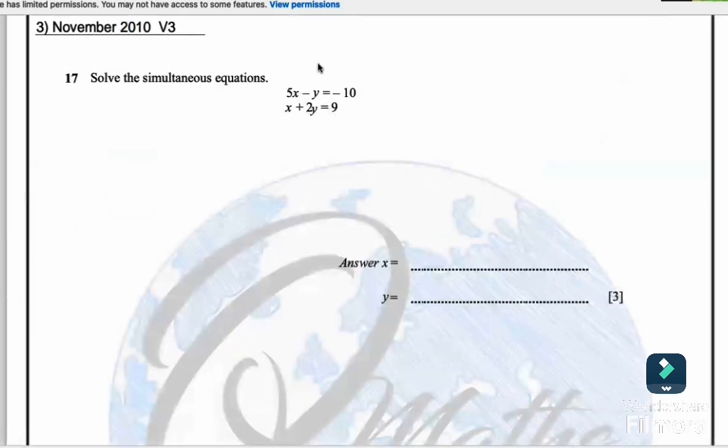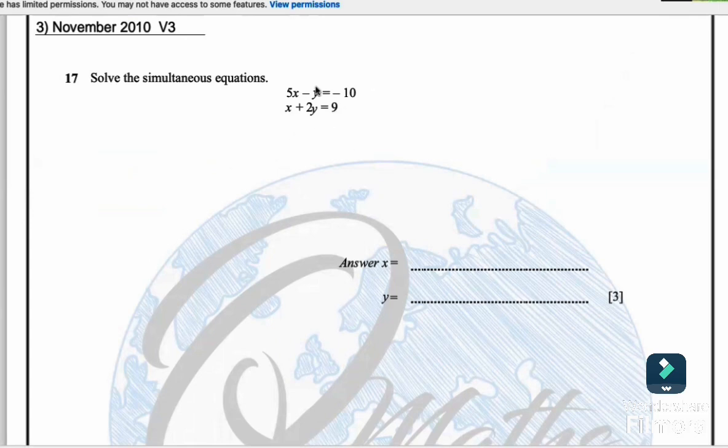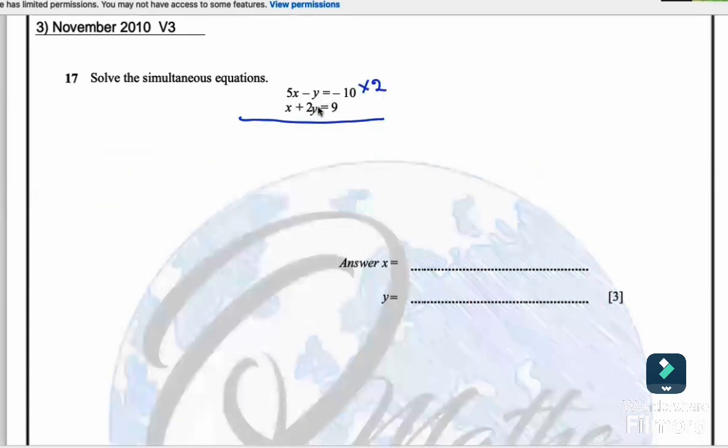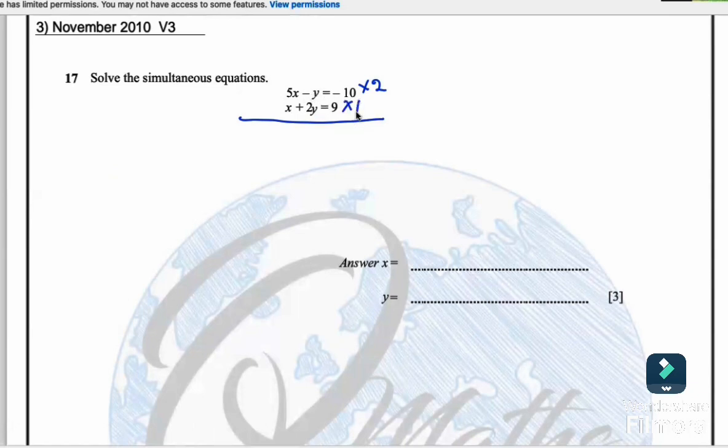Let's look at the third problem. 5x minus y is equal to negative 10, and x plus 2y is equal to 9. Here, if you look, I have the variable y with different signs. So I'm going to multiply the first equation by the coefficient of y in the second equation, which is 2, and the second equation by the coefficient of y in the first, which is 1.